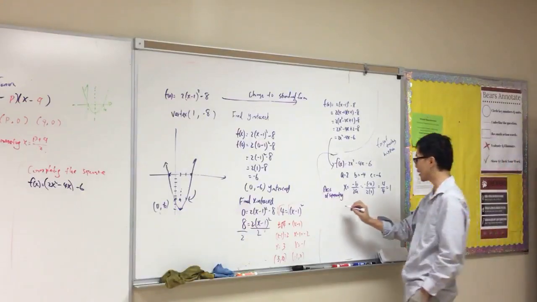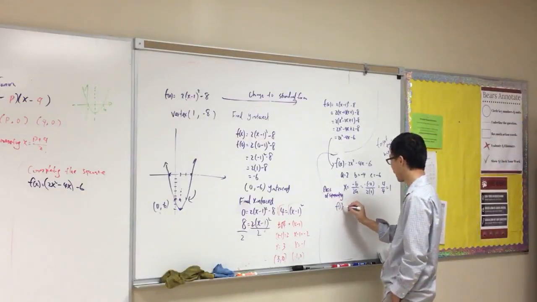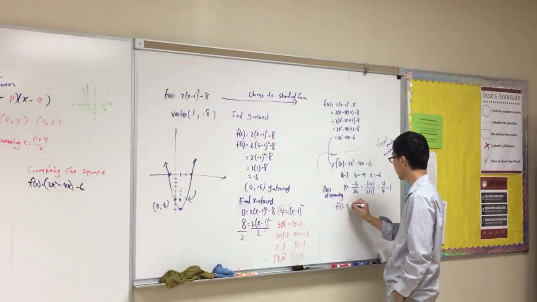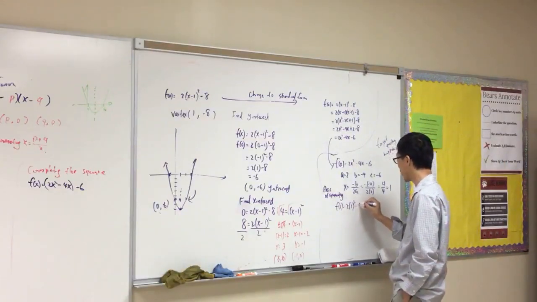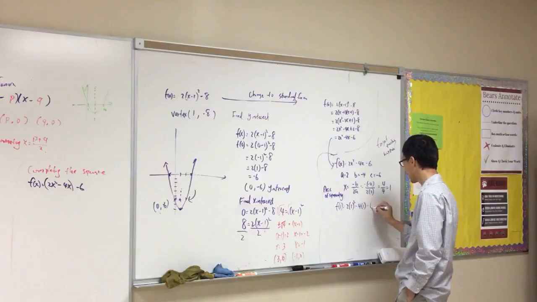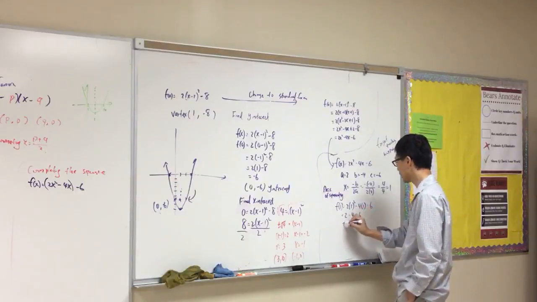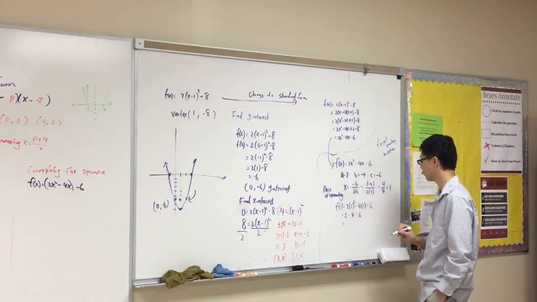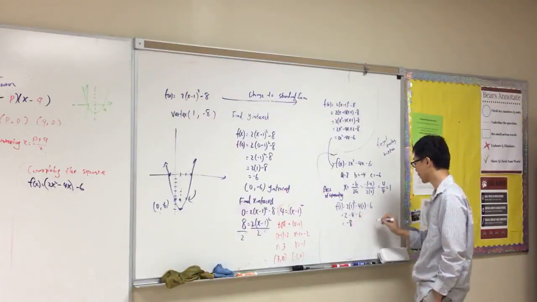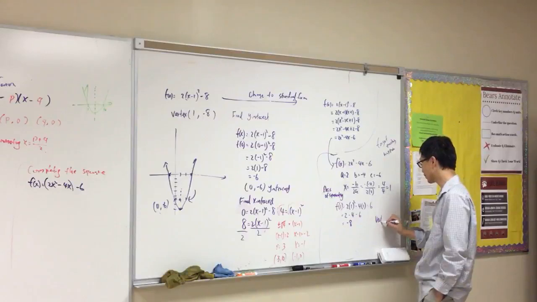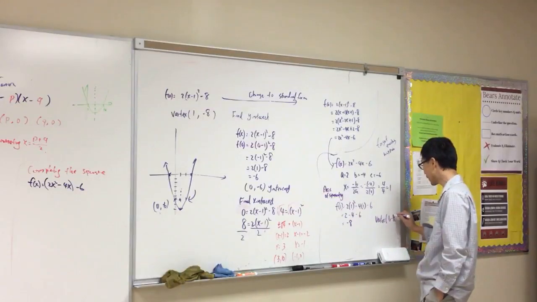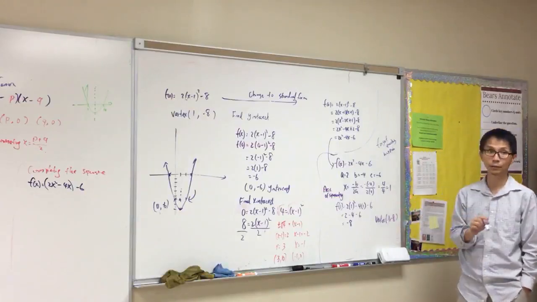So now I'm going to plug in f of 1, which is equal to 2 times 1 squared minus 4 times 1 minus 6. That's equal to 2 minus 4 minus 6, which is negative 8. So my vertex is 1 and negative 8. I can just graph it over there now.